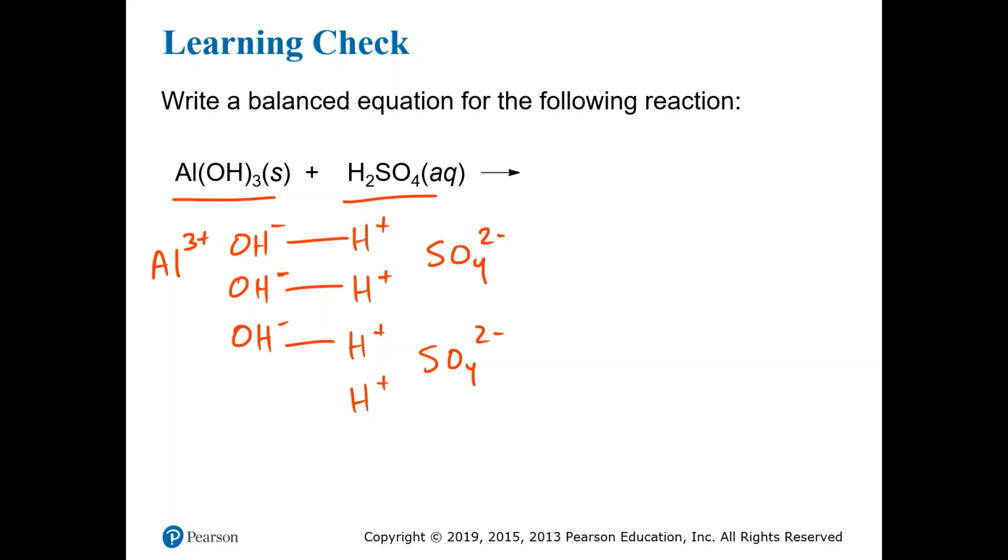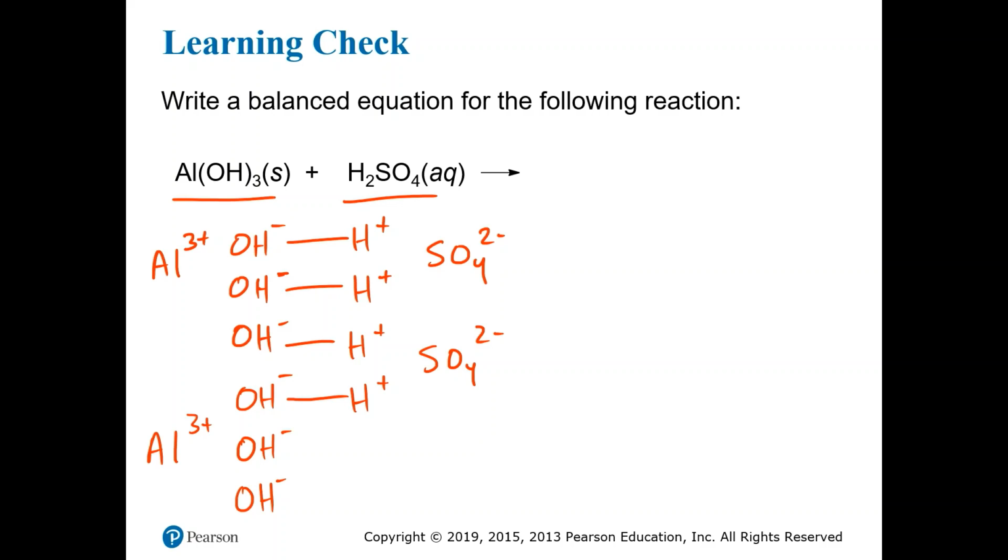So in order to get more hydroxides to neutralize that hydrogen, I have to add another aluminum hydroxide mole, which is another aluminum ion, and 3 more hydroxide ions. This, of course, neutralizes that last hydrogen from the second mole of H2SO4, but we now have 2 moles of hydroxide.